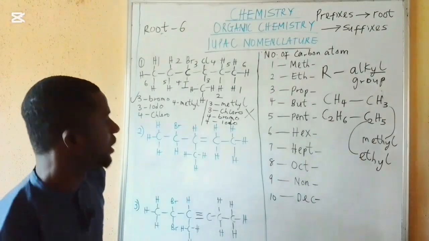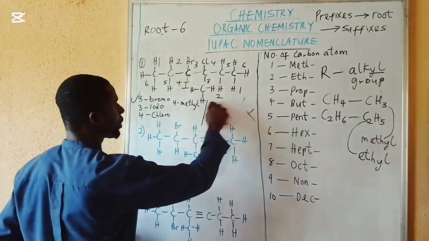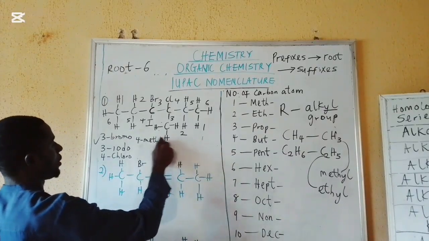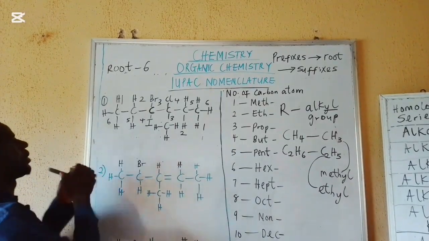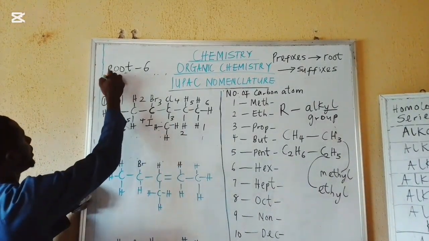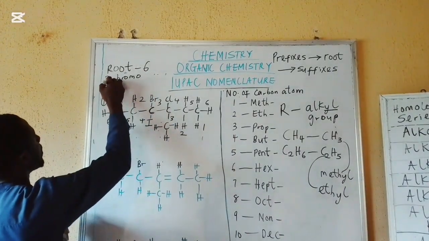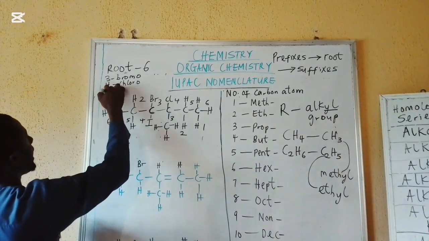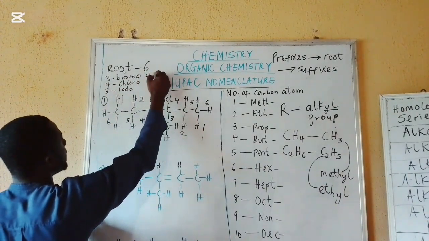Because of that, now let's name our organic compound. So here we have 3 bromo, 4 chloro, 3 iodo, 4 methyl.